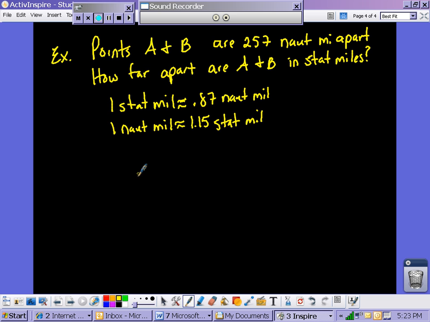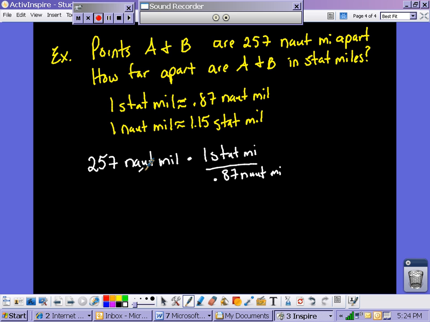All right, so 257 knot miles apart times, which conversion are we going to use? Doesn't really matter, does it? Well, yeah, because we want to know what one stat mile is. So therefore we want the stat miles on top. So we say one stat mile to approximately 0.87 knot miles, and then our knot miles cancel out, and we put that in the calculator.